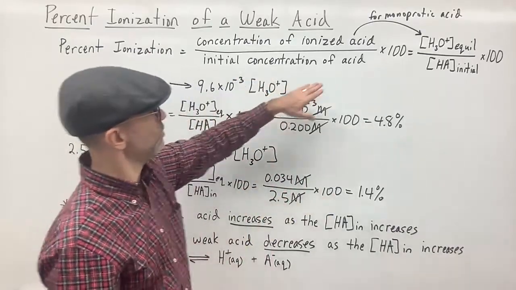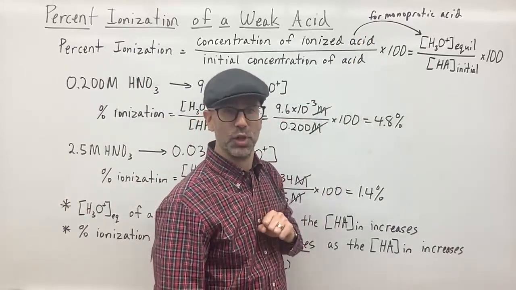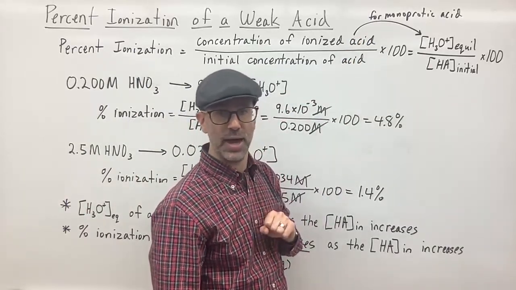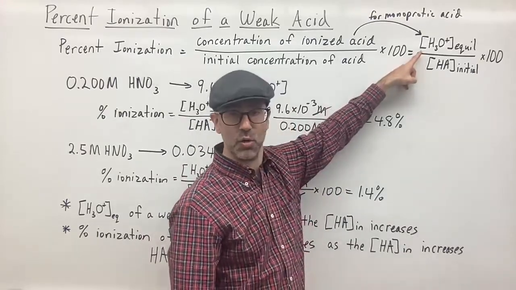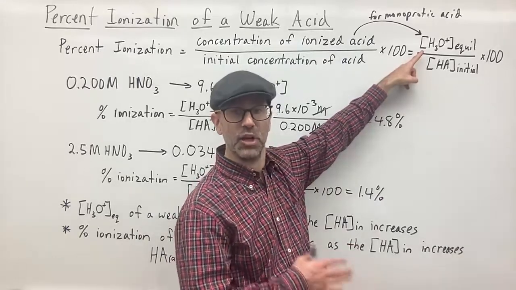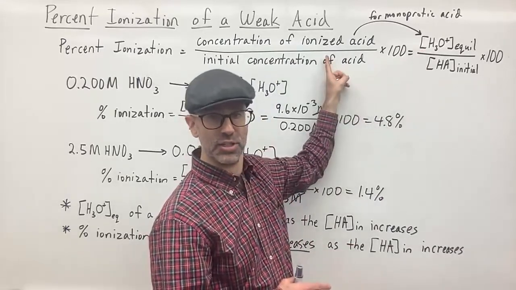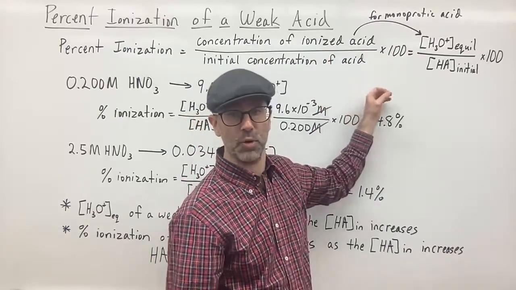If we're dealing with a monoprotic acid, which for the most part we would be, the H plus concentration, or the hydronium ion concentration at equilibrium, is going to be the same as the concentration of the ionized acid. That is only true for monoprotic acids.